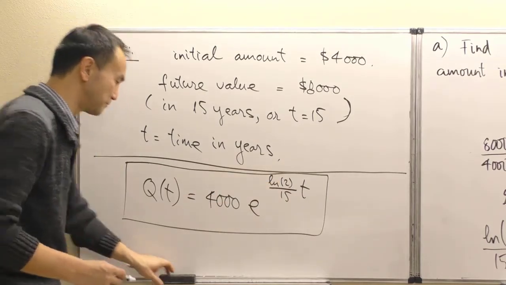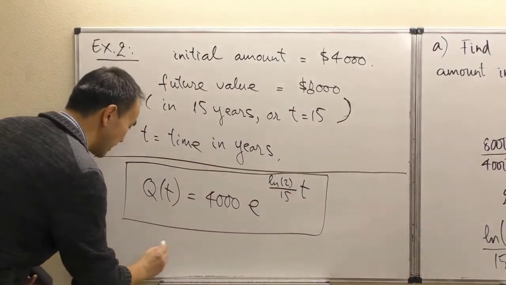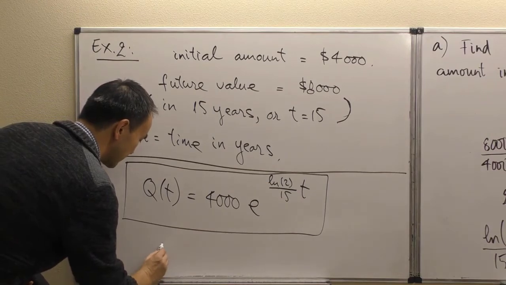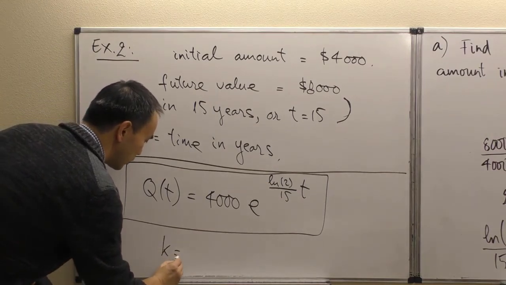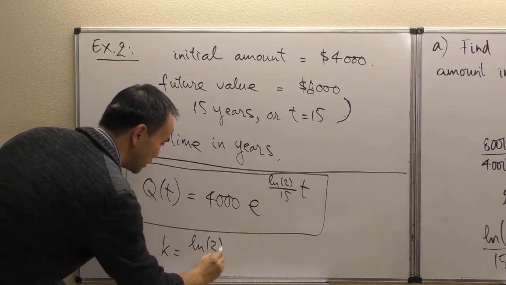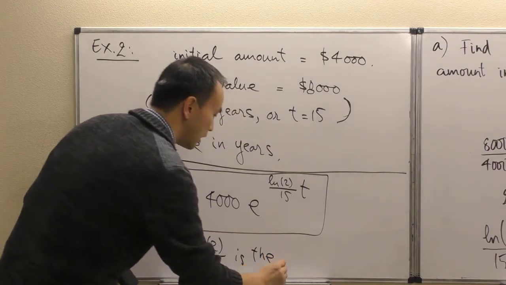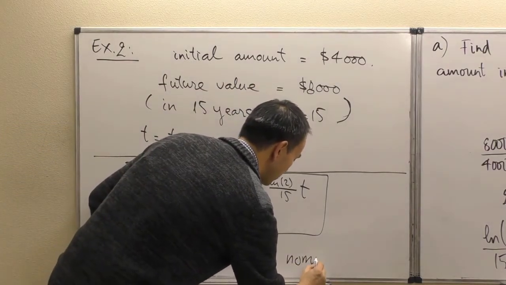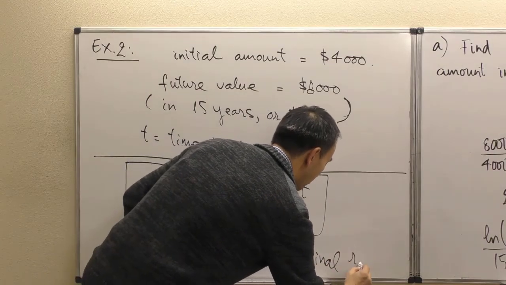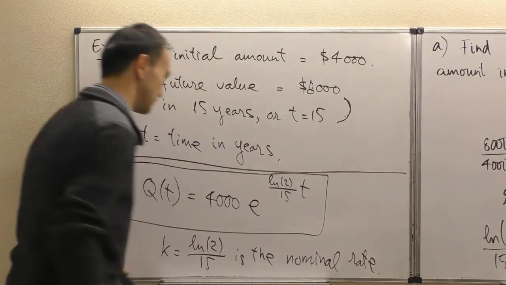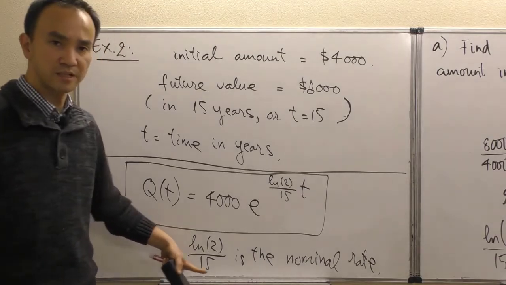We can see that k equals natural log of 2 over 15 is the nominal rate.